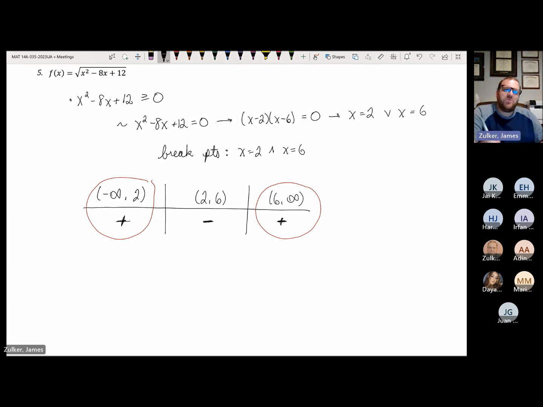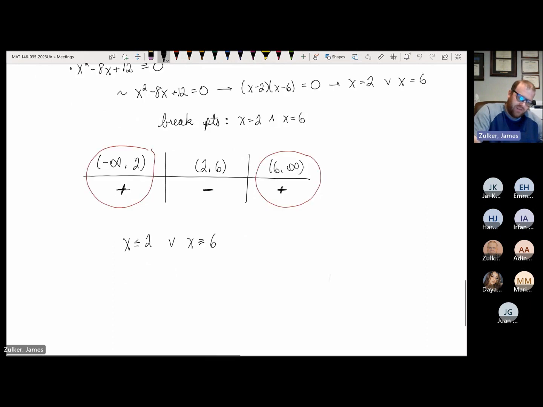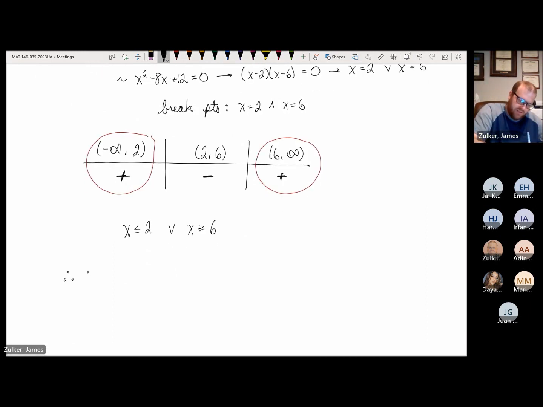That or equal to tells us that the breakpoints are included. And if I just write it in inequality notation, that is x is less than or equal to 2 or greater than or equal to 6. The domain would then be negative infinity to closed 2 union with closed 6 to infinity.